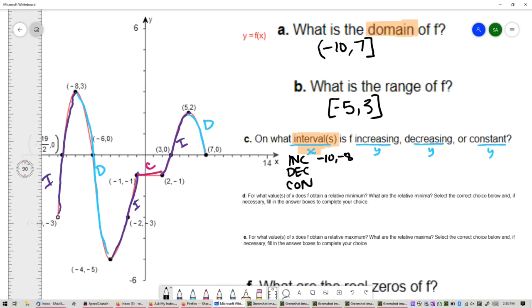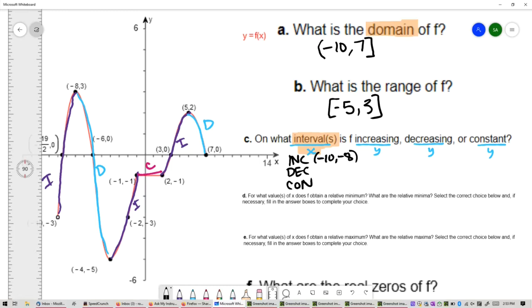Now, in our class, in this college algebra class, we have a source that is a textbook, and that textbook has defined our intervals to be open intervals. So this is coming from the definition in our textbook. When we have open intervals, that means that the endpoints are not going to be included in our interval notation.